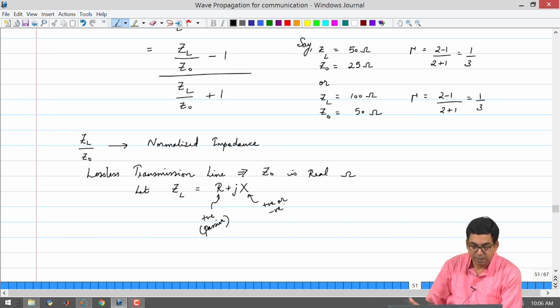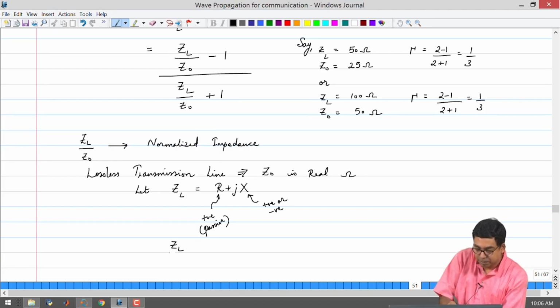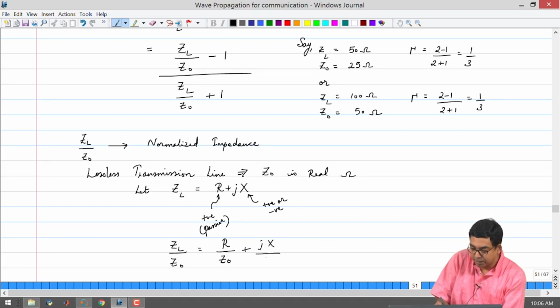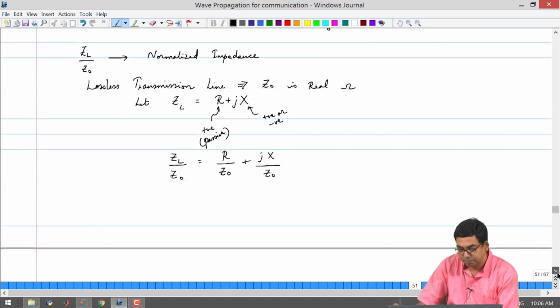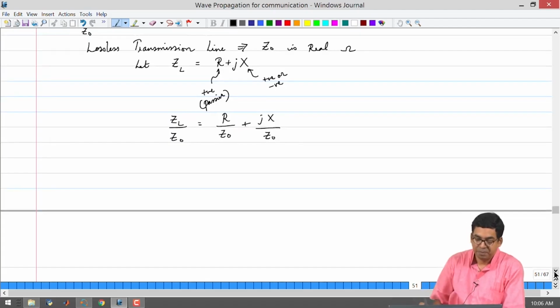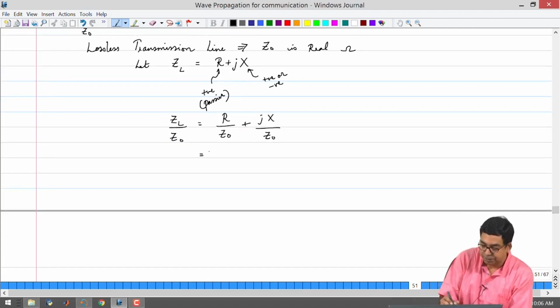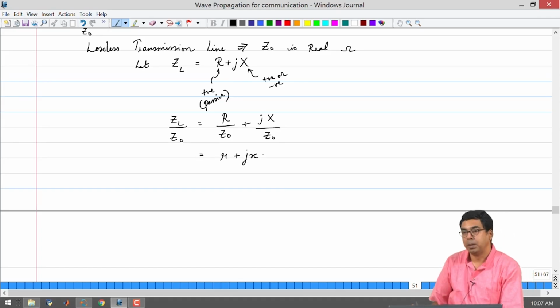Now, once you normalize this with Z0 and Z0 is real, it means that you are going to have ZL divided by Z0 equal to R divided by Z0 plus jX divided by Z0. We will denote this ratio to be some small r plus jx.